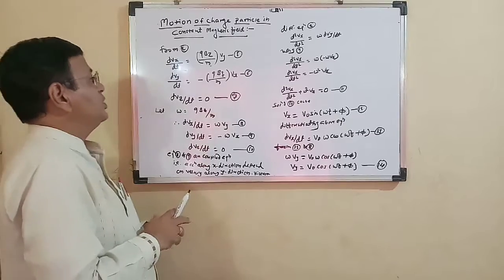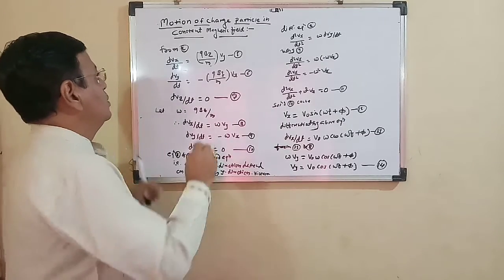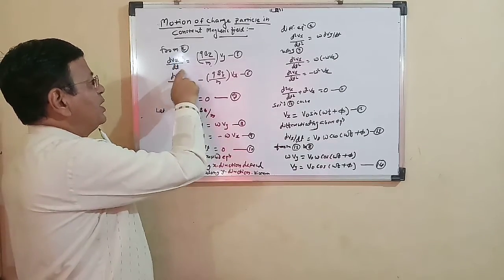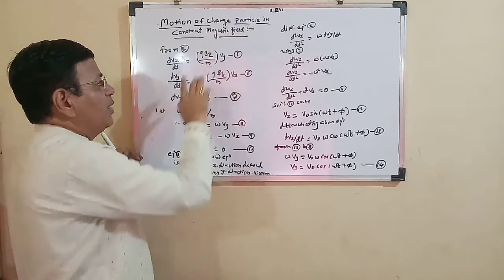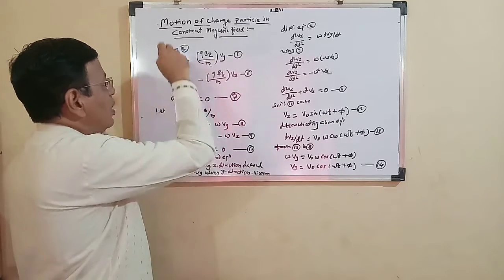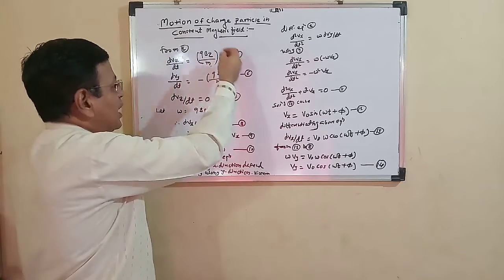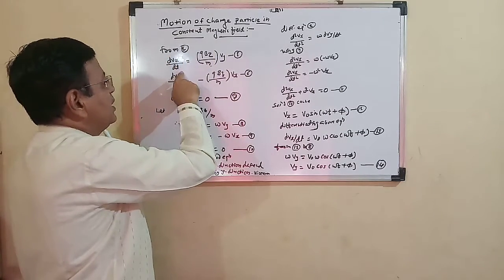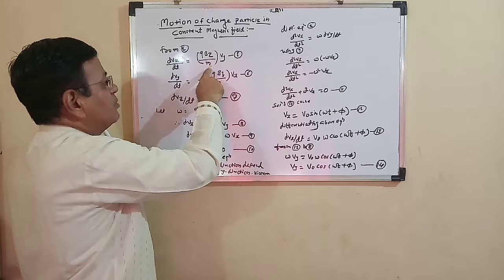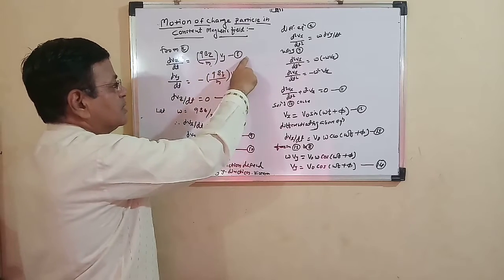From equation 2, we have m into dvx by dt is equal to q Bz vy. We have to transfer this m from the left hand side to the right hand side. We have to get dvx by dt is equal to q Bz upon m into vy. Call this equation number 5.